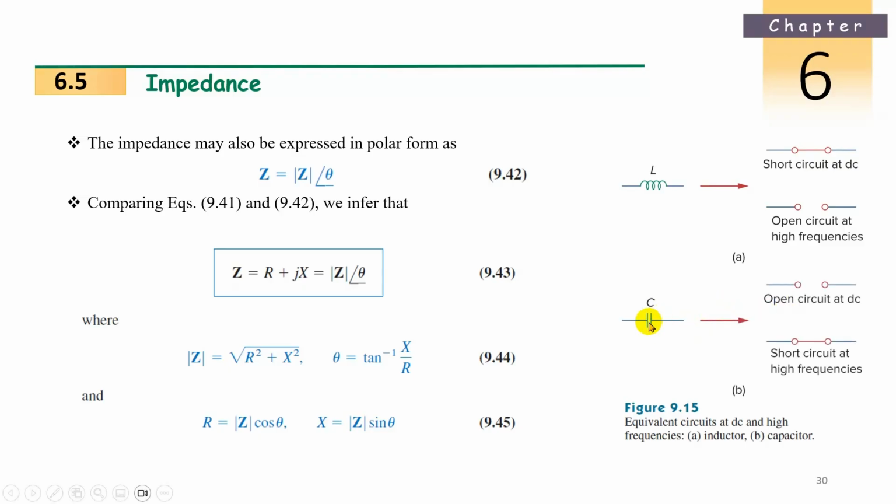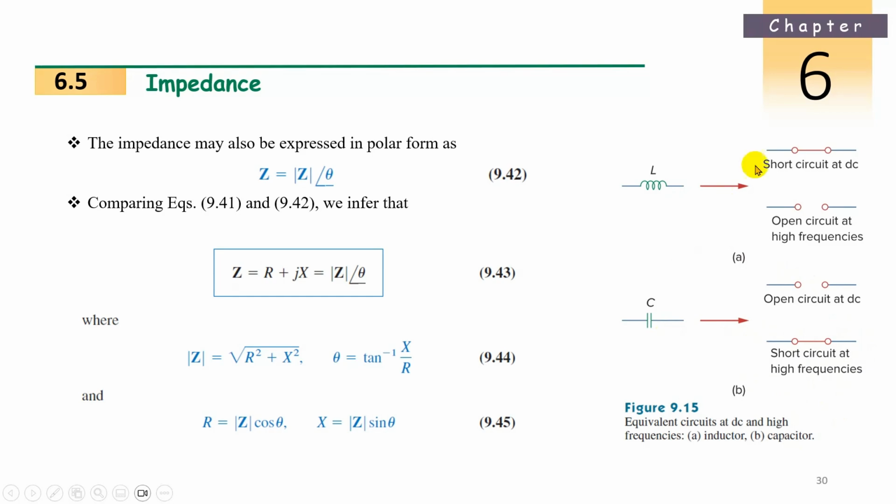For capacitance, V is equal to current divided by 2 pi f C, that is, I by j omega C. So when the frequency is 0 for a DC circuit, something divided by 0 is infinite, so it is an open circuit. For very high frequency, the voltage is 0, so it is a short circuit.